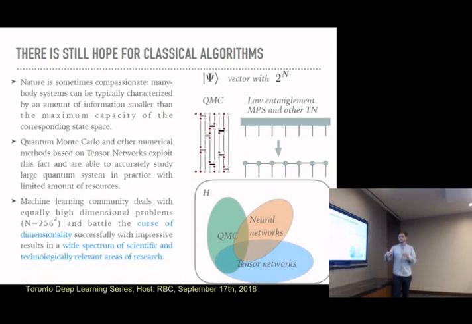If you binarize MNIST, the state space where these images live is 2 to the 28 by 28, and that's huge, way bigger than 2 to the 273. And they still battle this curse of dimensionality in machine learning and get surprisingly impressive results, as you all know.